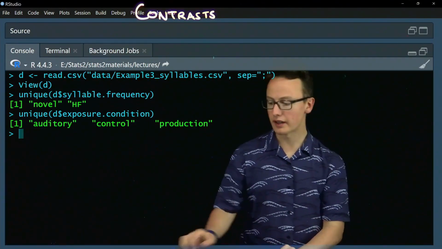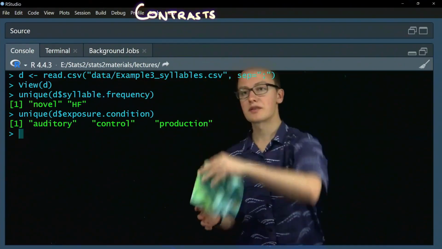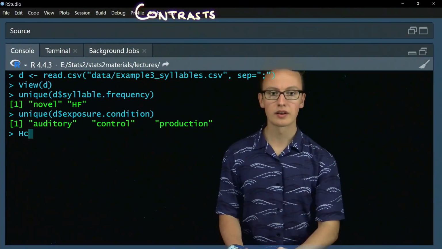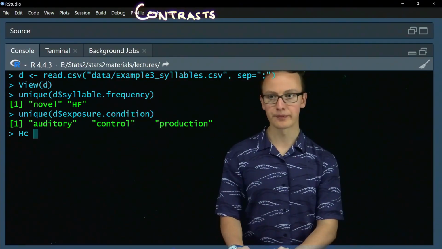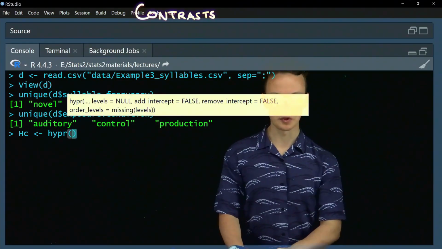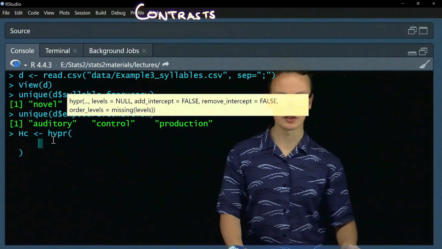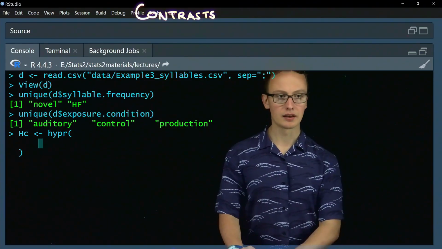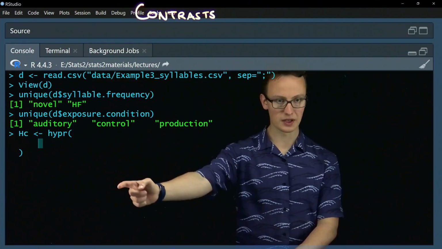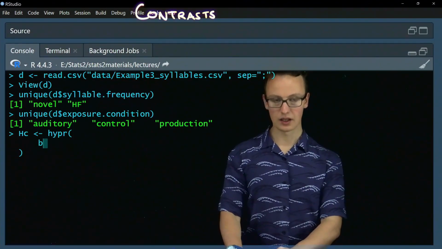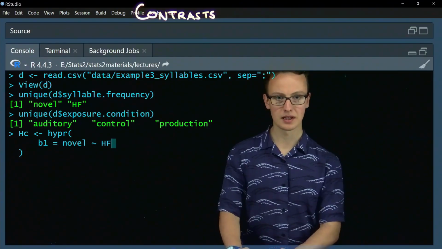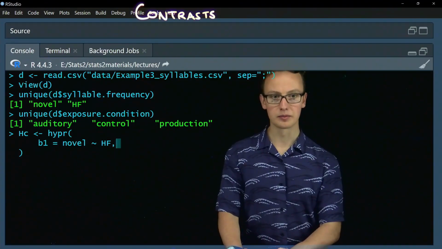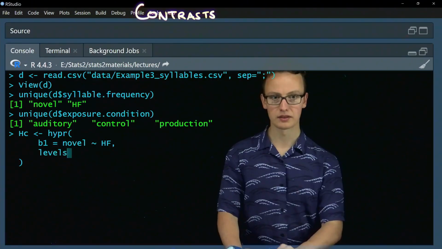So we're going to define our hypothesis matrix for the first vector, the two-level vector about the syllable frequency. And we're going to accomplish this using the hypr package as we saw before. And the single comparison we had just written down here was about the novel versus the highly frequent syllables, given those two levels, right?